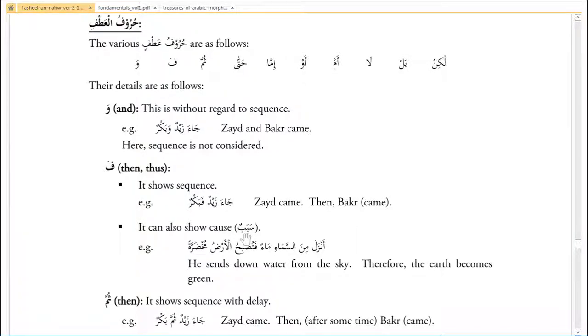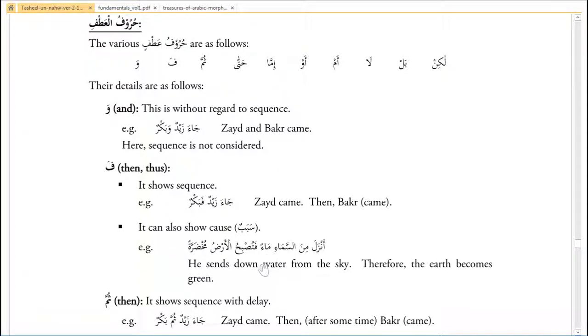sabab, because of something that happened. Here, if you read أنزل من السماء ماء فتصبح الأرض مخضرة. So here fa is عطف. It connects two sentences together. أنزل من السماء ماء.